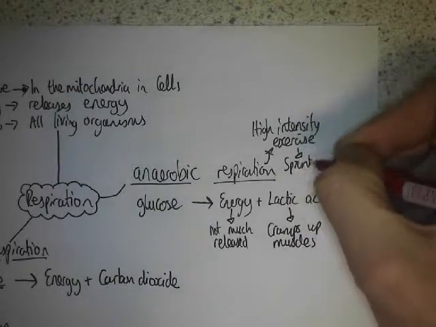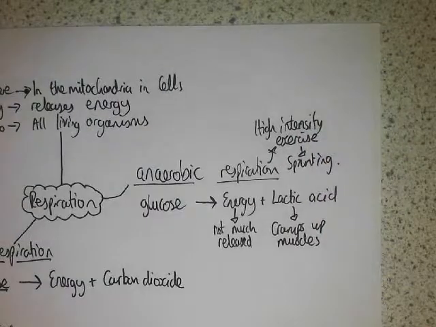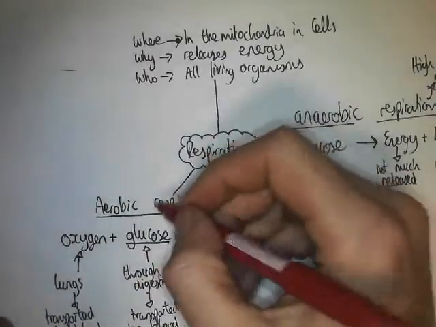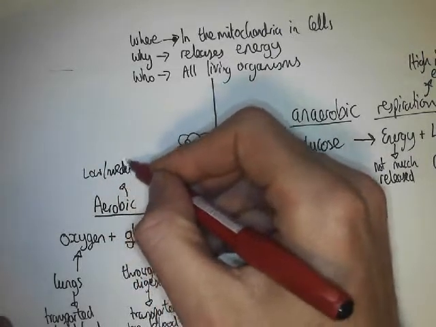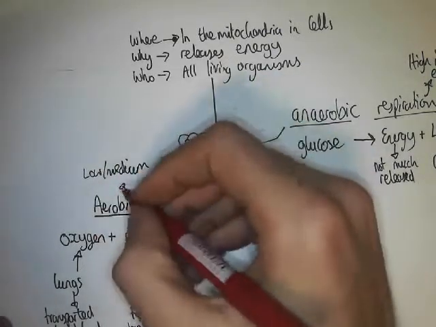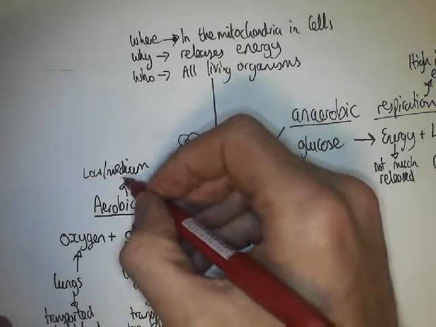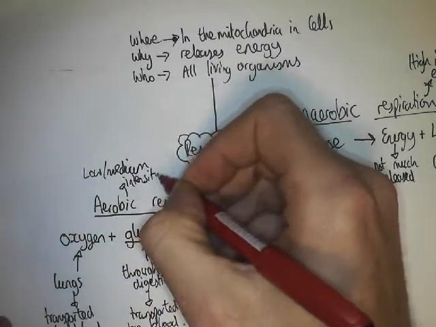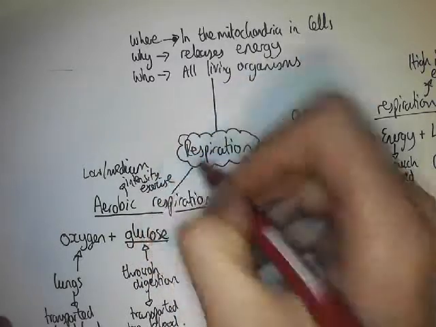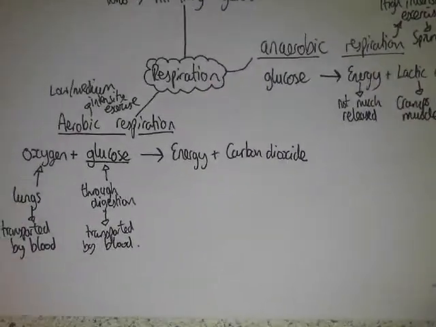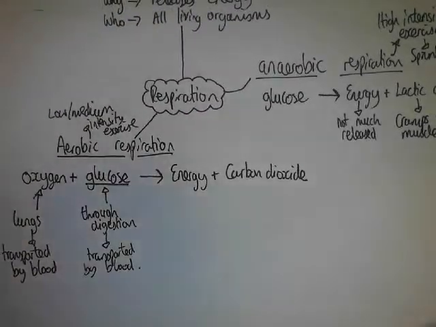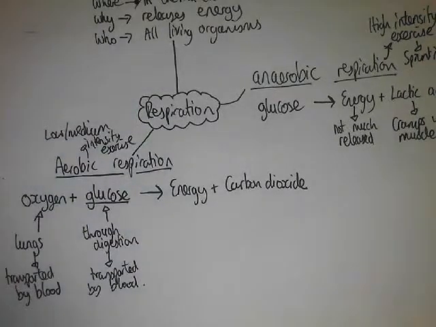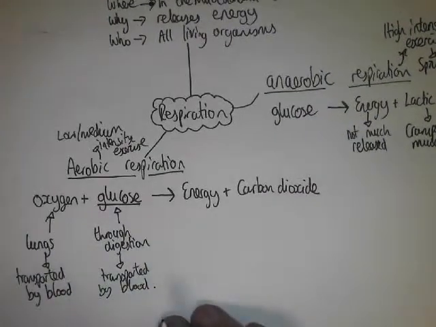You can only sprint for so long, and your body will just give up. Whereas this aerobic respiration is low, medium intensity exercise. So we have the two there, aerobic respiration and anaerobic respiration. You just need to be aware of obviously the two existing, but how they differ, especially in terms of exercise.